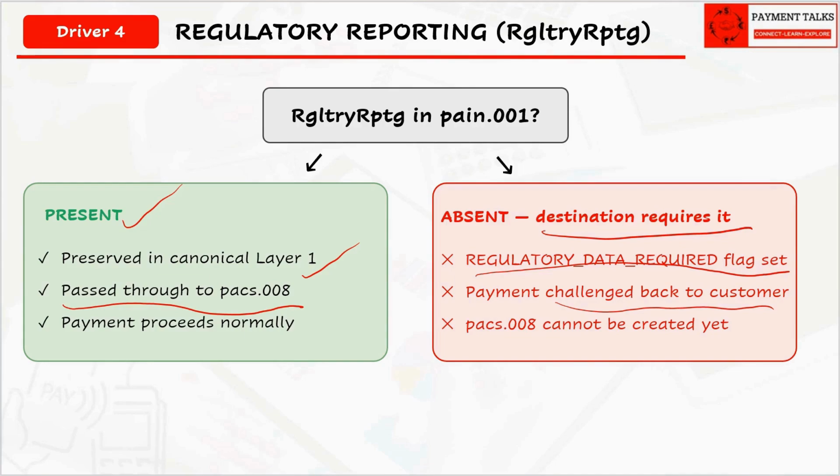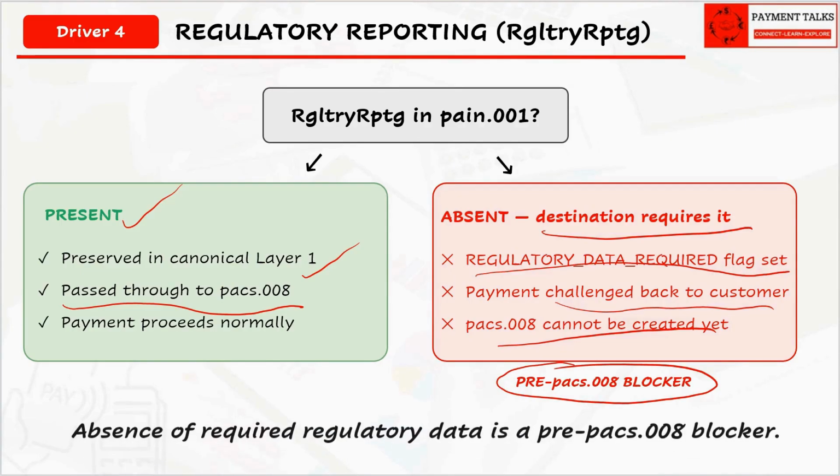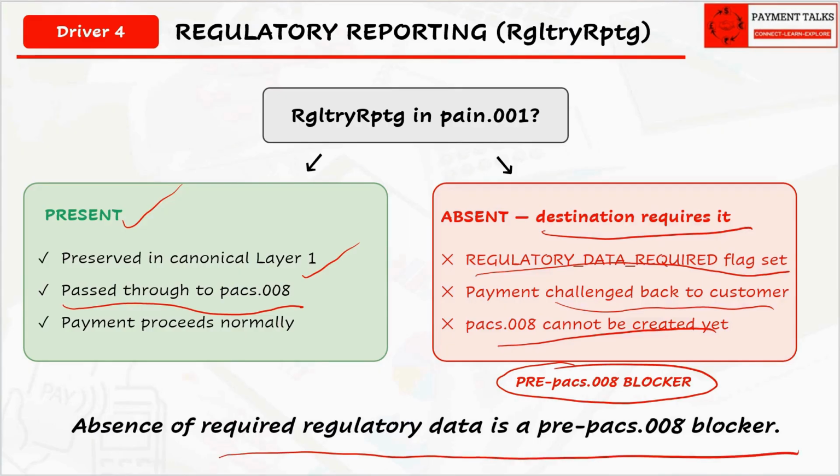The bank cannot create the pacs.008 until the data is supplied. This is a pre-pacs.008 blocker, more common in cross-border payments to jurisdictions with strict reporting requirements. Absence of required regulatory data stops the pacs.008 before it even starts.